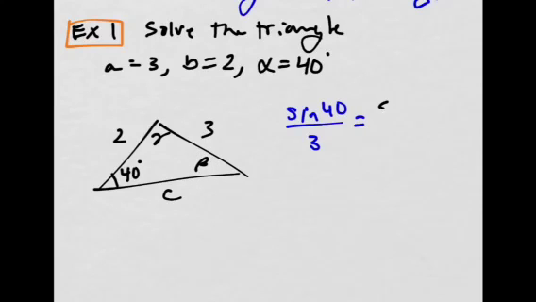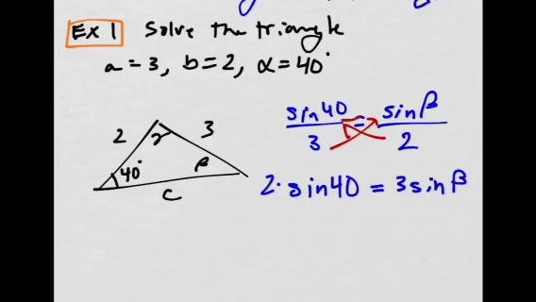Sine of beta. Actually, I didn't need to cross multiply. I want this 3 to stay there because I want to get sine of beta all by itself. If I did cross multiply, I would end up dividing by 3 anyway. So I'm just going to divide both sides by 3. So I end up with this.